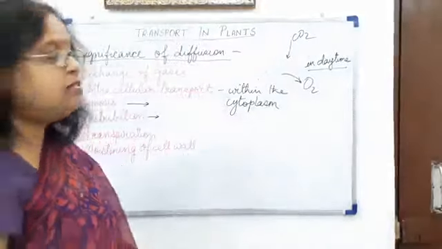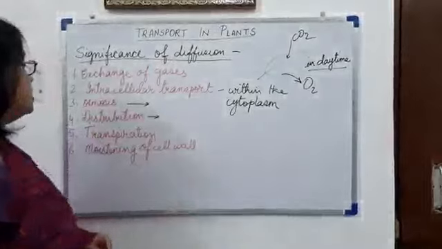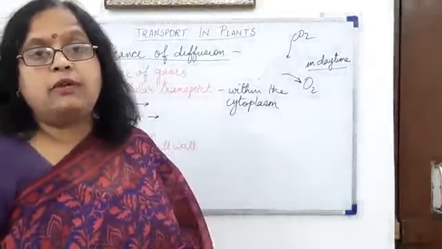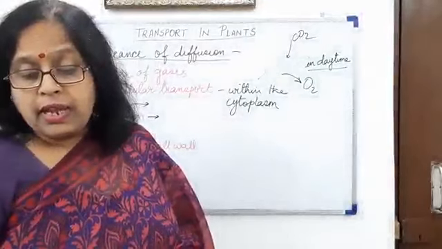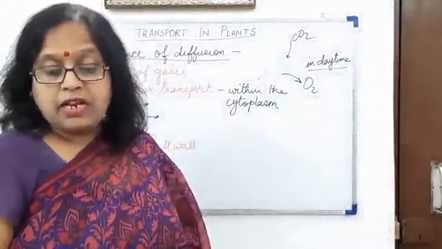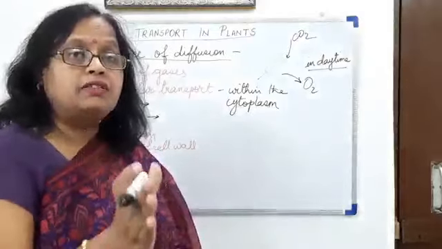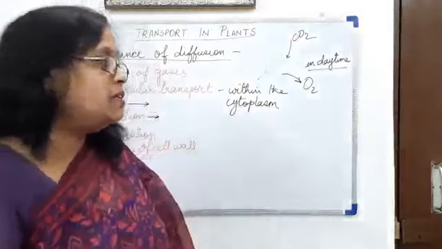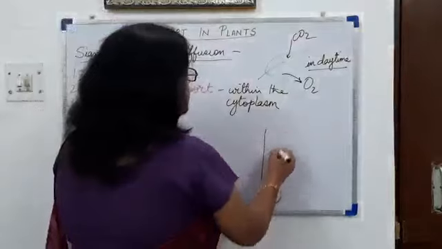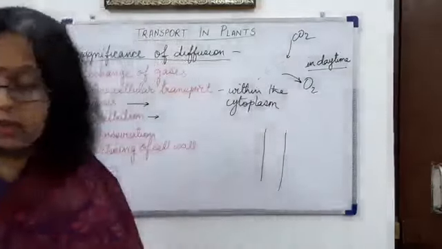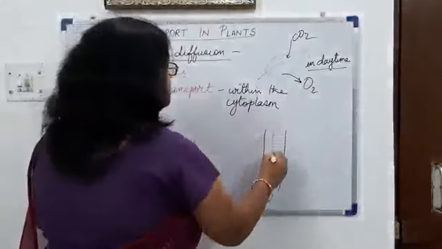Then moistening of the cell wall. By the diffusion process only, the cell wall remains moistened, and water from xylem channels helps in keeping the cell walls moist. Suppose this is the stem and these are the xylem.